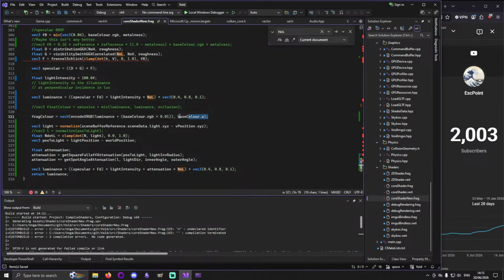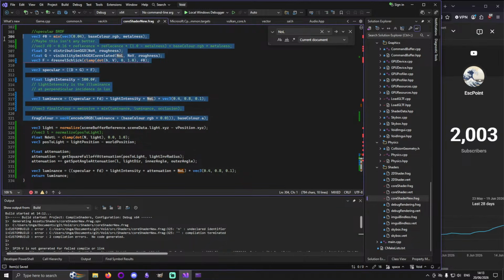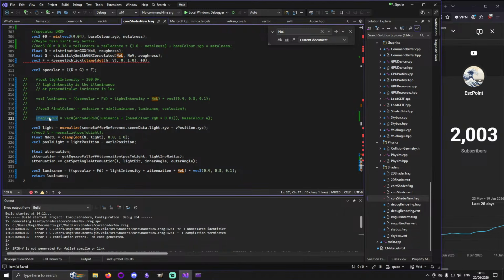Let's comment this out. We still need the BRDF, so we need everything up to here. I don't think we need anything else, so let's comment this out. I'm going to take this equals this. And get rid of this return, because that's not anything to do with anything. So we have n.l. Change that to that.